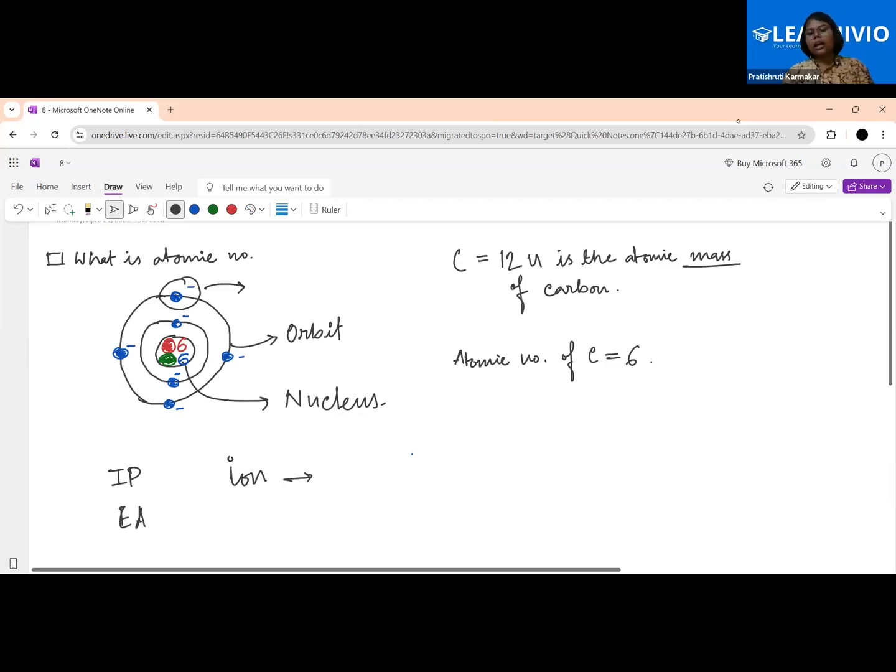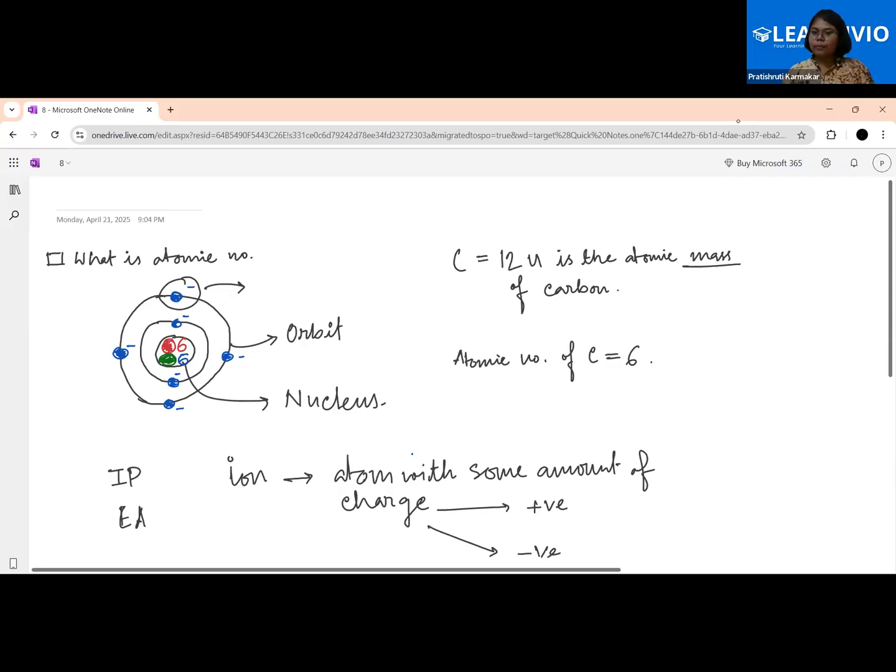An ion is an atom with some amount of charge, and it can be positively charged or negatively charged, right?